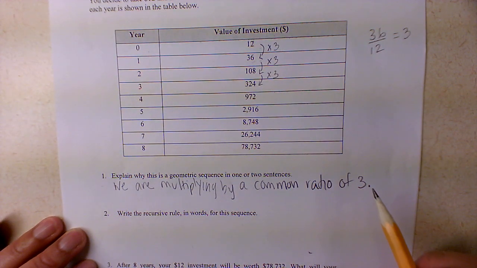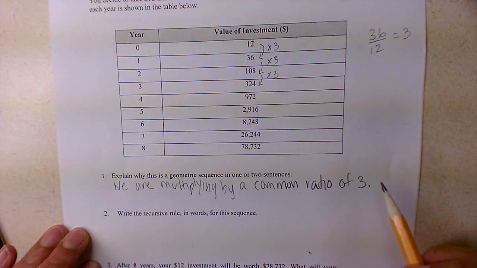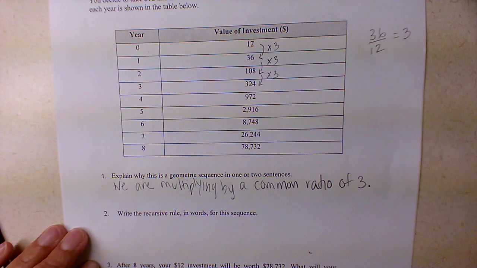Number 2, write the recursive rule in words for this sequence. So remember, recursive is how do we reoccur to that next one? What are we doing to reoccur from one number to the next?